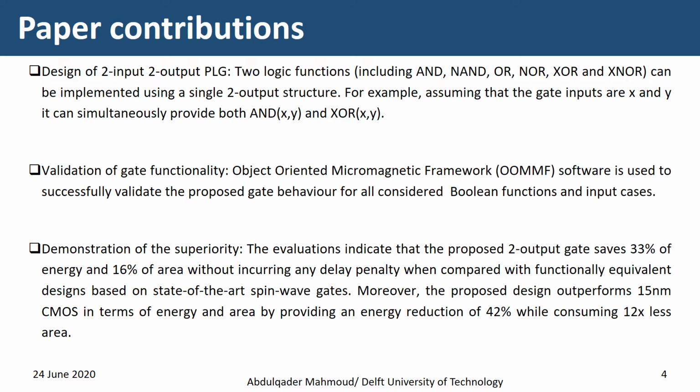The second contribution is the validation of the gate functionality using the object-oriented micromagnetic framework software. And finally, demonstration of the superiority. The evaluations indicate that the proposed two-output gate saves 33% of energy and 16% of area without incurring any delay penalty when compared with the functionally equivalent design based on state-of-the-art spin wave gates.